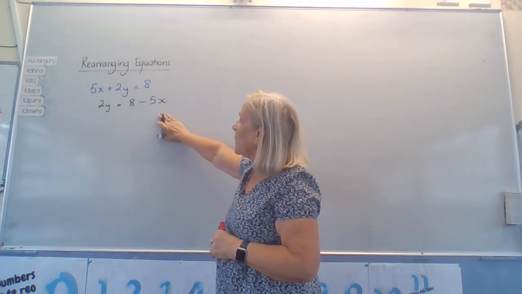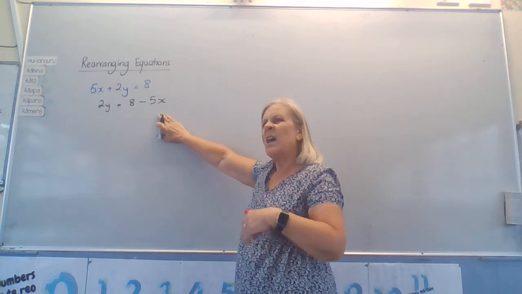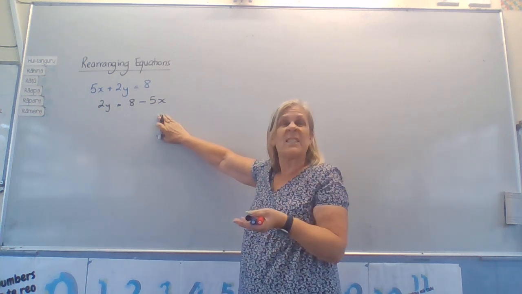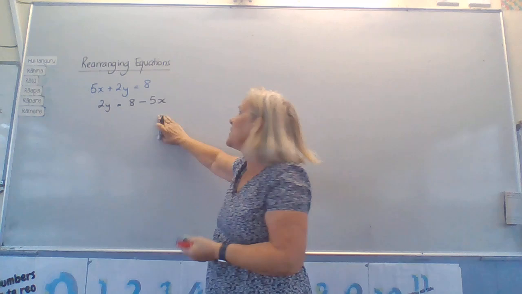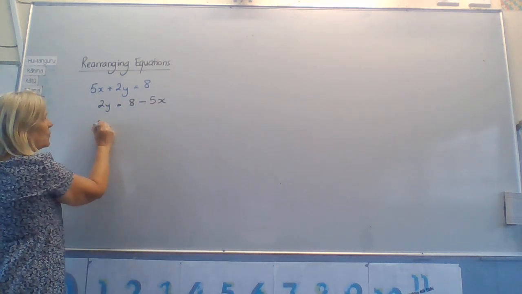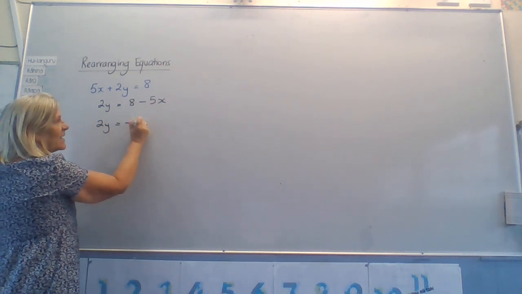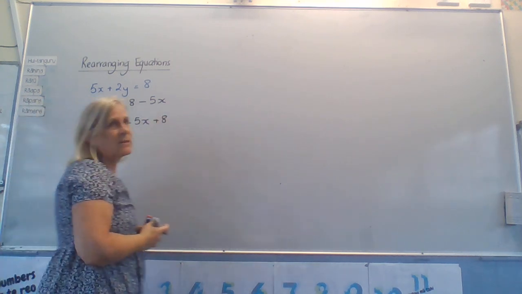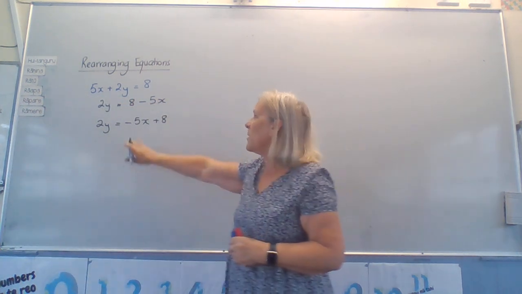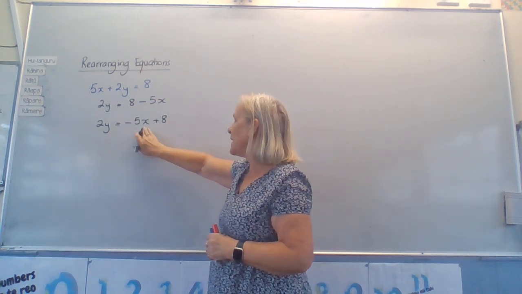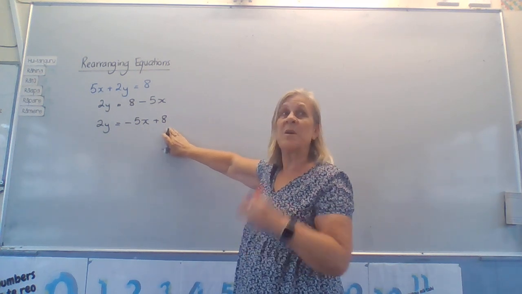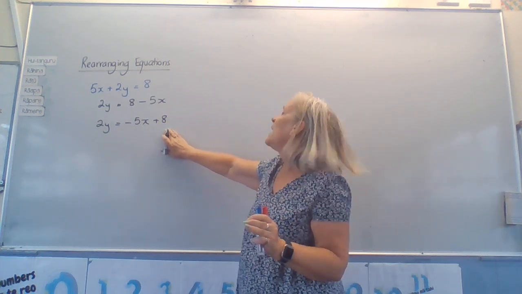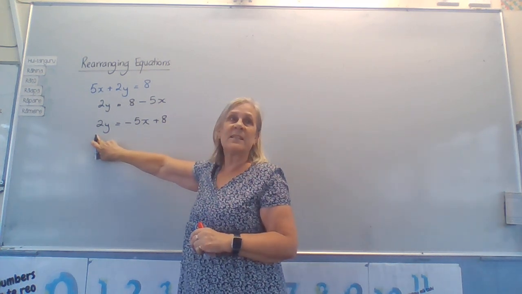All right, so here we have 2y equals this. We actually would like the x to be first because that's where we're used to finding it. So I'm actually going to write it in front, like negative 5x plus 8. All right, so I've got now my y, my x, and my y-intercept, but it's not right yet. And that's because I need this to be y.